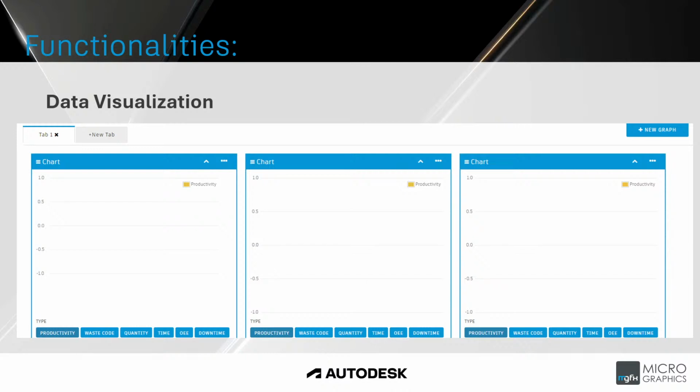This visual representation helps stakeholders quickly understand trends, identify areas of concern, and make data-driven choices without needing to dive deep into raw data, as you'll be able to track everything with your different types of charts from productivity, your waste codes, your quantity, the time, the OEEs, and the downtime.